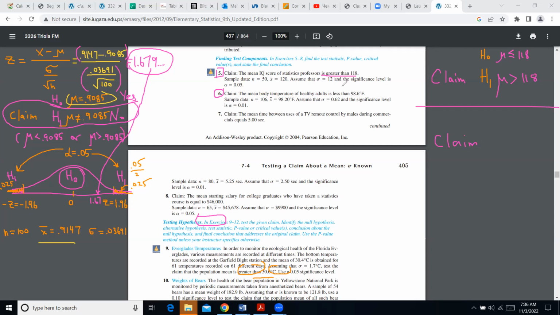Exercise number 6 says that the temperature is less than 98.6. Okay, so the average temperature, mean, is 98.6. All right, so if that's what you put here in the claim, here is a question for a quiz. Is this H1 or H0?